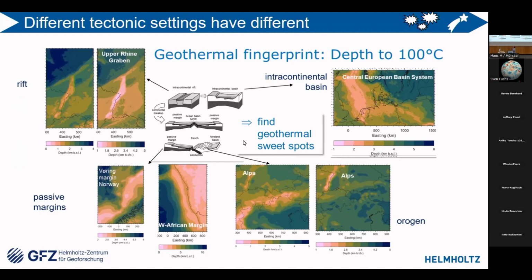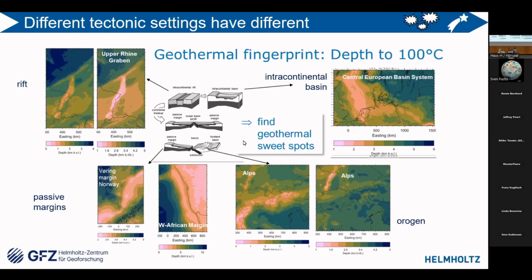You see a young passive margin and an older passive margin, West Africa and Vøring in Norway. You see the Alps below sea level and below topography. And it's always the depth to the 100-degree isotherm. And you can see the difference can be kilometers. So if you go for the geothermal sweet spot, it's important to understand it.